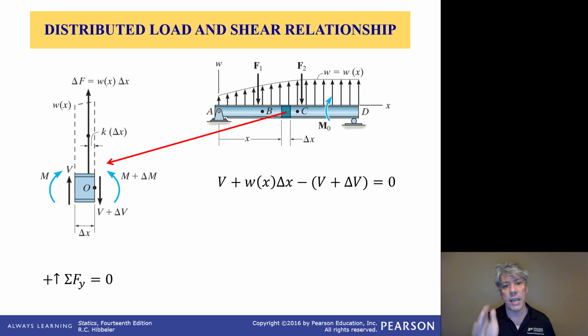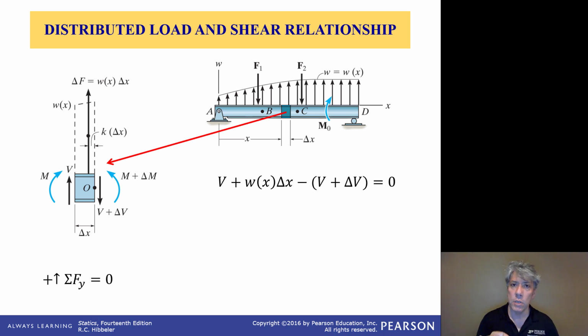And then on the right-hand face, we've got V plus delta V as shear on that face, and of course that is a positive shear for the sake of a shear diagram, but not in this equation, because this equation is summing forces with respect to the y-axis. The y-axis says up is positive, okay? So if we were to plot this shear on a shear diagram, and we had a positive value for V plus delta V, it would go on the positive side of the axis.